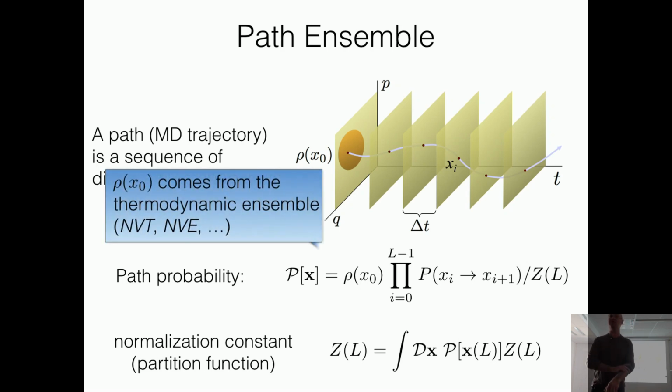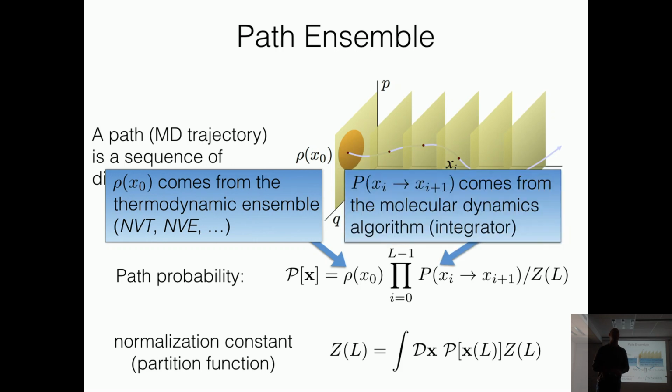The initial probability just comes from your thermodynamic ensemble, and the details of how you move come from your integrator. Fortunately, as we'll see, you usually don't need to worry about the details of the integrator. Under certain circumstances, the integrator will just cancel out, and we won't have to worry about it.